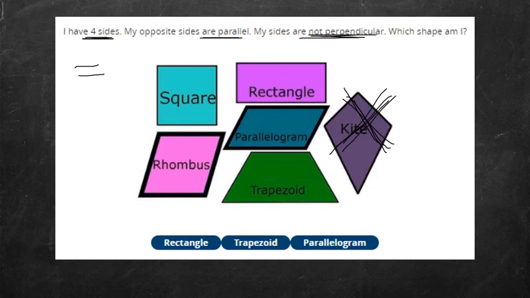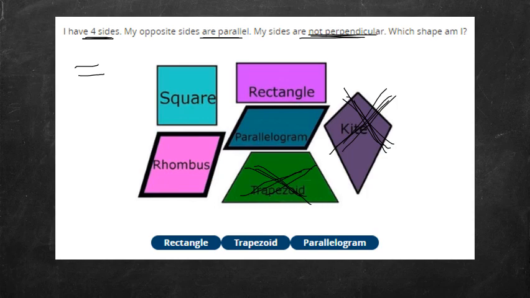So we don't want to use a trapezoid, even though it has parallel sides. It only has one set of parallel sides. Now, that leaves us 4 shapes left. We have a square, a rectangle, a parallelogram, or a rhombus. My opposite sides are parallel. They do not cross.